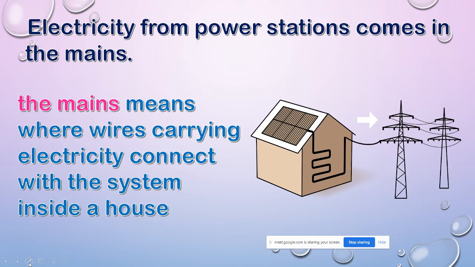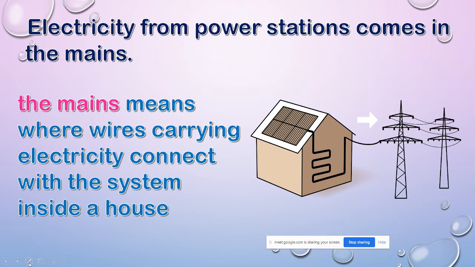They produce electricity there. Now, how does the electricity from the power station reach our home or the devices inside our house? They are traveling through wires. Electricity is traveling through wires. They move from the power station through the wires going to our house and going to the devices inside our house.